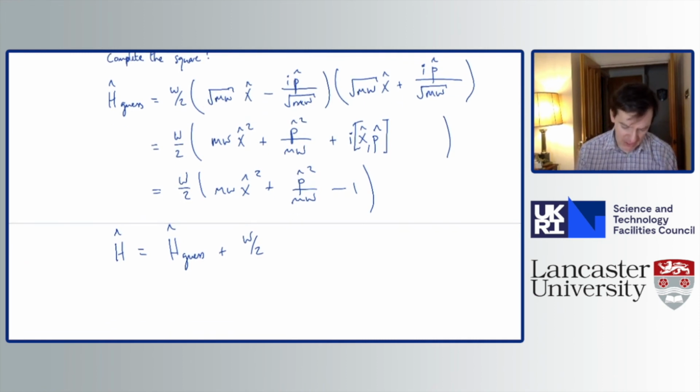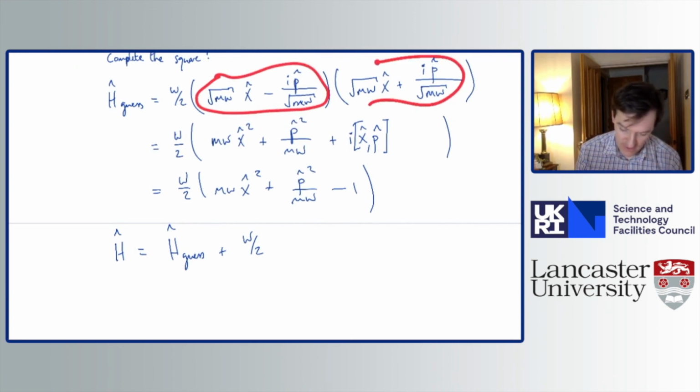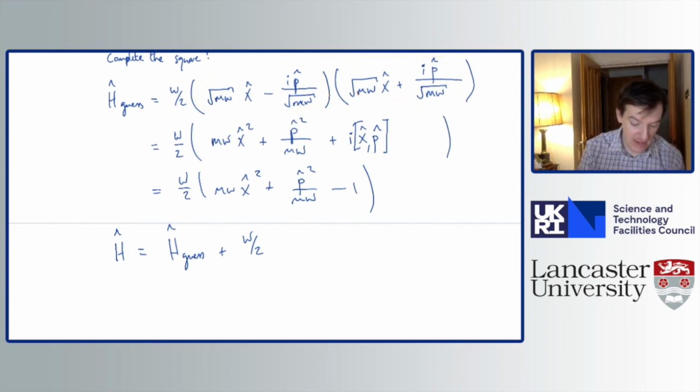Okay. So it's conventional then to give a name to these linear combinations of x and p. So normal to define operator A to be, well, it's almost what we have above, so let's write down what we have above.